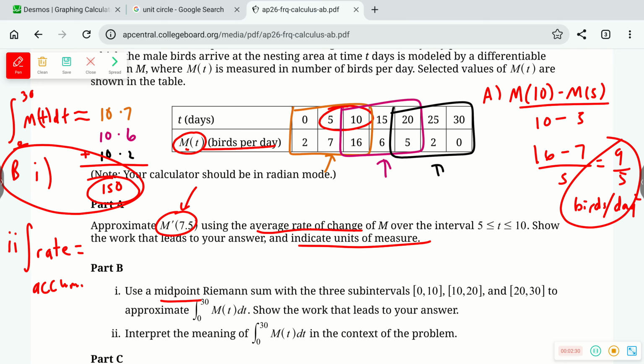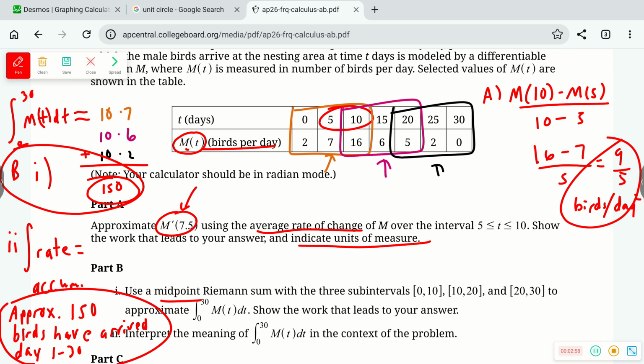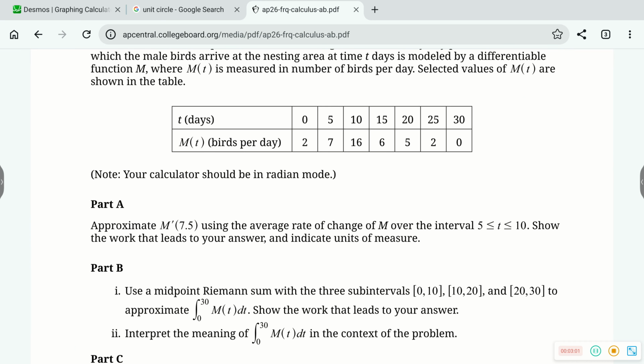So we have accumulated, there's approximately 150 birds that have arrived from day 1 through 30. That's approximately. All right, so next up, part C.